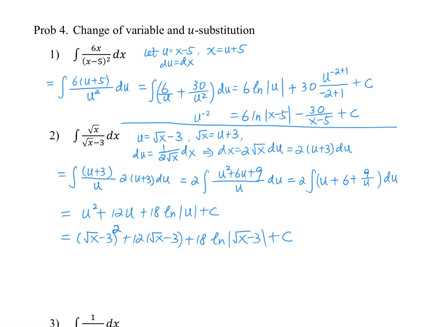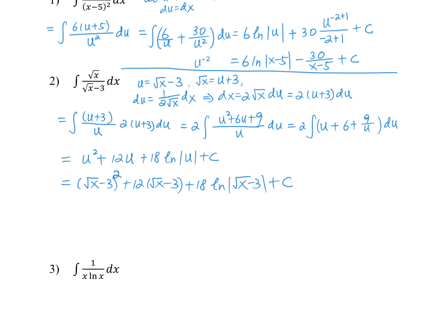We actually, in this case, can simplify this a bit. Okay, let's expand it. Using the perfect square binomial, we have the square of the first one, which is x, minus twice the product of these two terms, which is 6 times square root of x, plus 9. And the next will be 12 square root of x minus 36. And copy down the very last term.